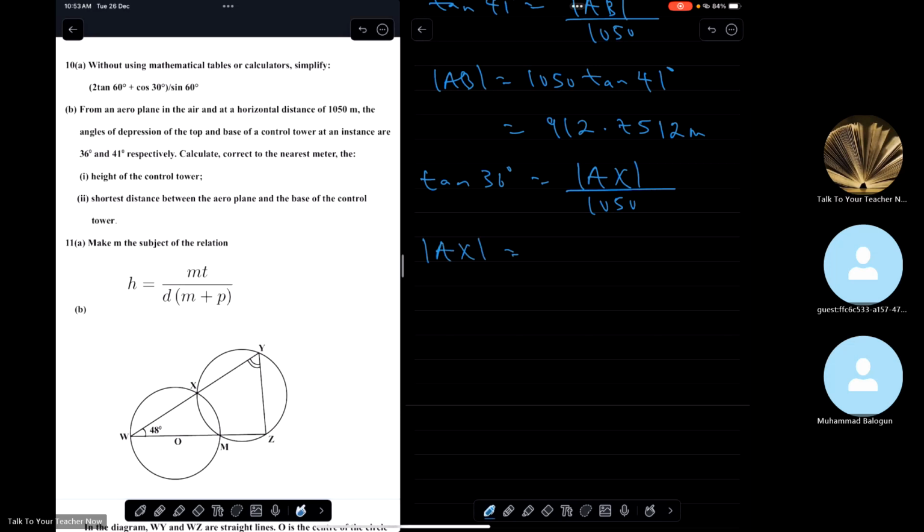Can you tell me, AX equals what? You should know where we are going. AX equals 1050 times tan 36, and then you go to the answer later. Now you can give me the answer.